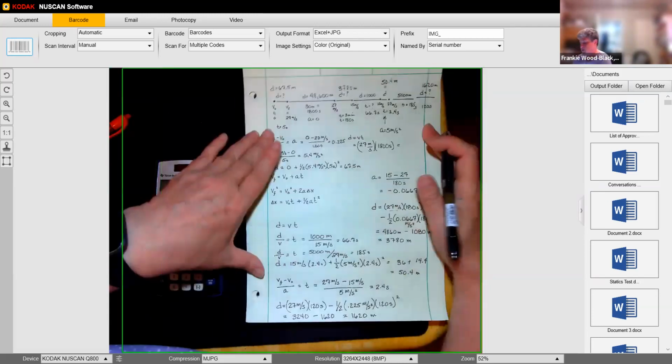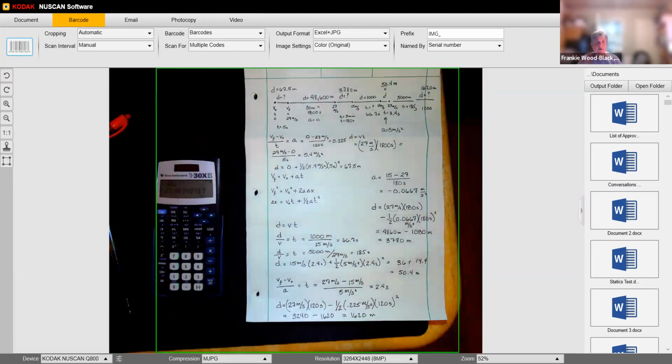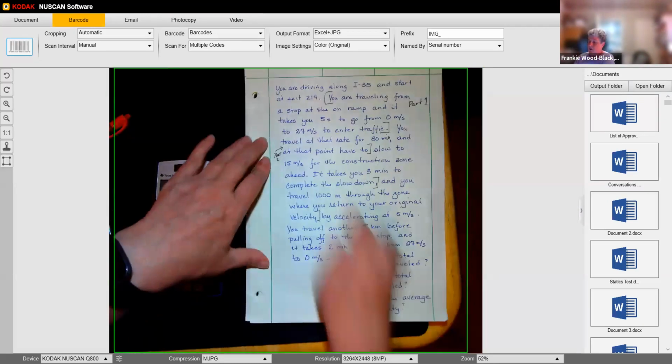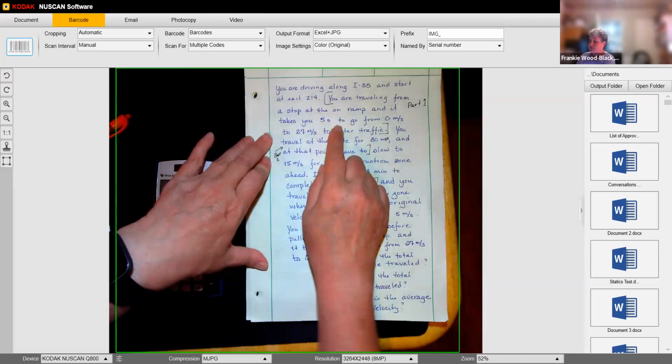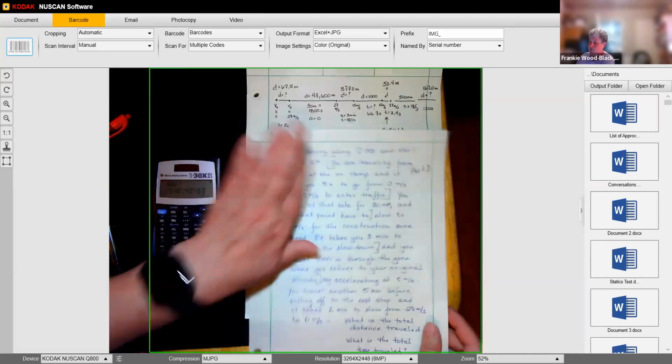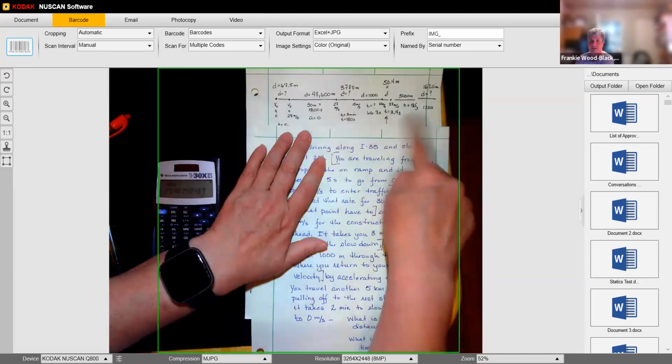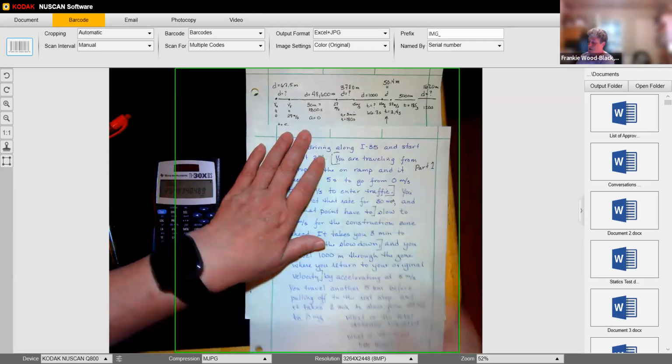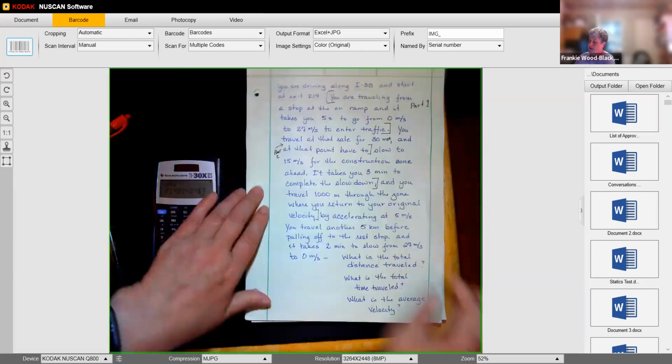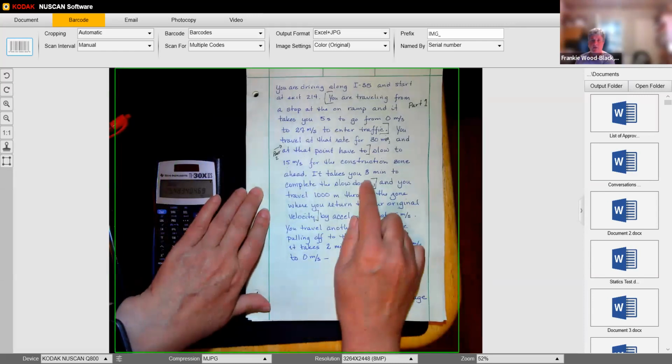So this one kind of shows you a variety of one-dimensional motion problems all in one problem. Basically, what we did is we took it apart. We drew our picture to keep track of our various pieces. We broke it down, made sure we were in the right units everywhere.